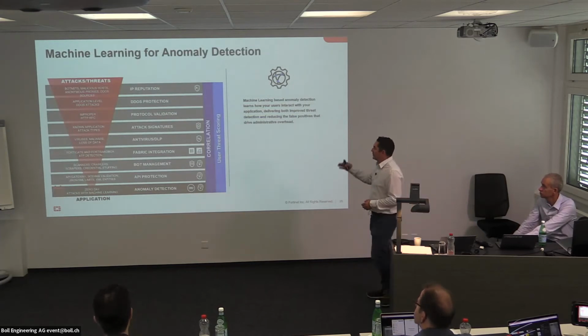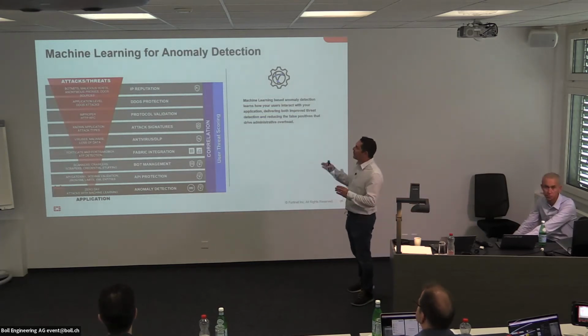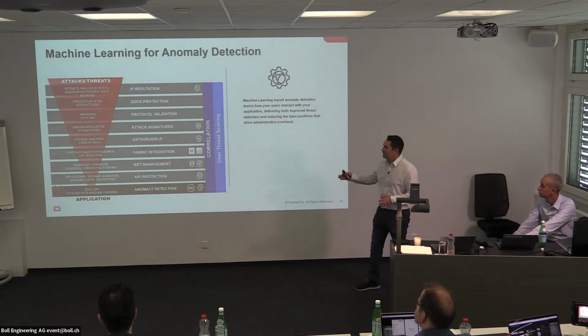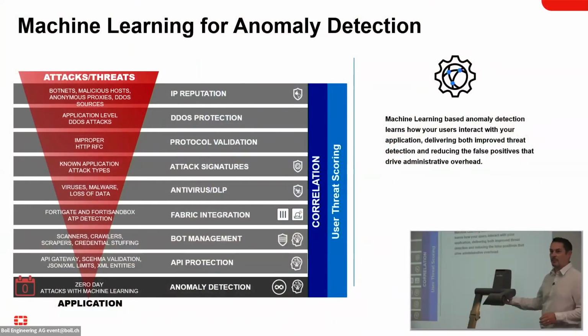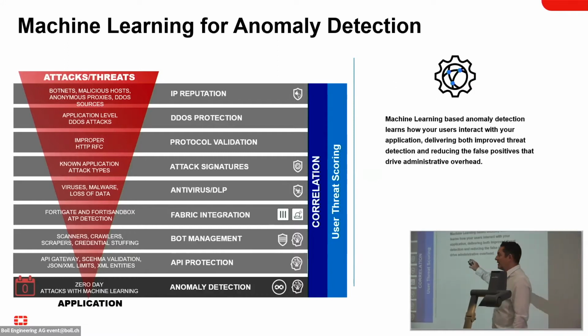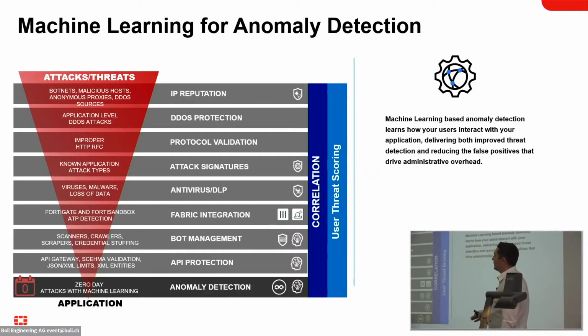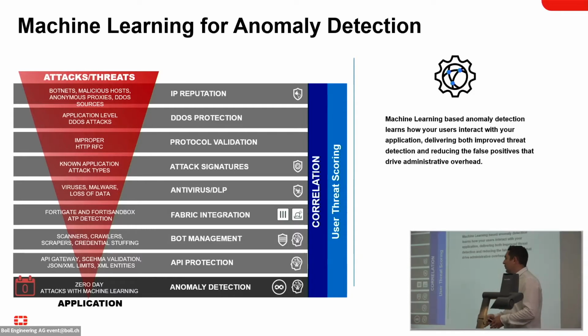So as a quick overview of what we cover with the FortiWeb solution, this is, I would say, this layered approach I mentioned initially. So we start always with the known risk. We cover this with all the technology I mentioned. Then we go in more details into this bot management stuff, where we cover and we can block everything which is required for scanners, crawlers, and all the credential stuffing activity. And then we come to the API protection.